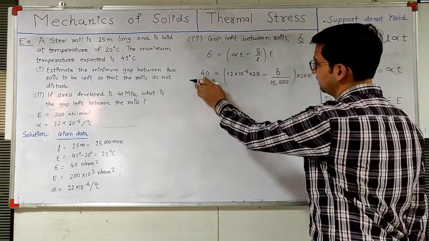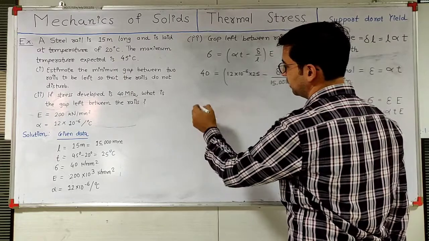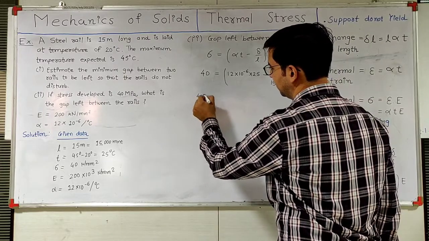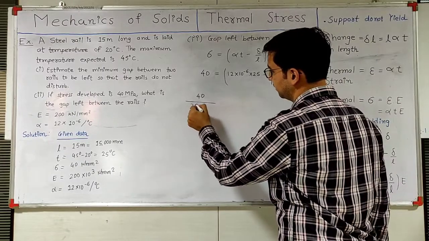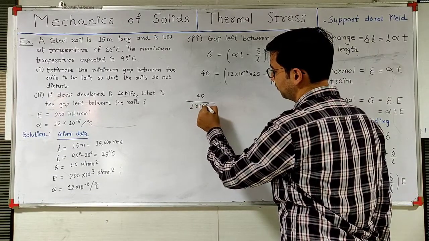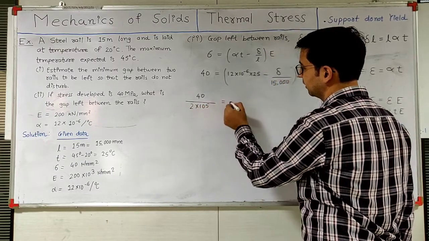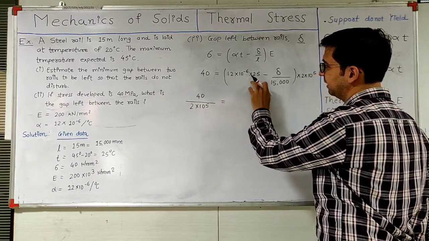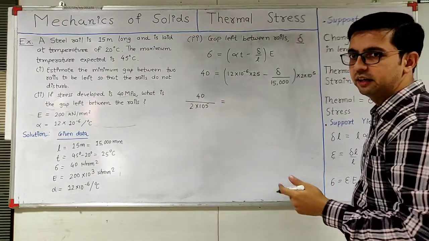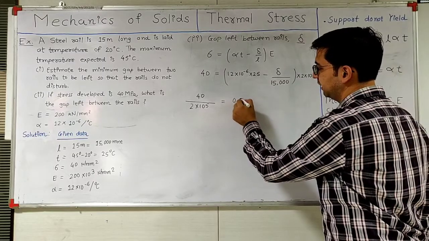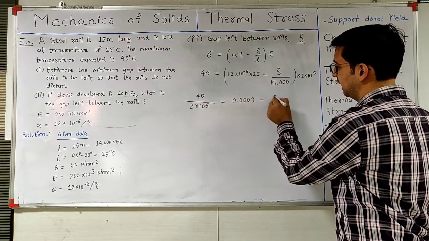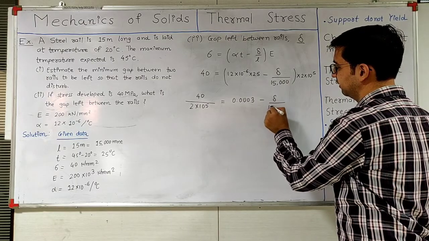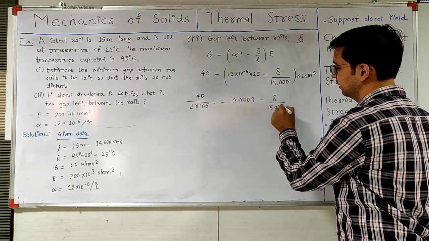So divide this 40 Newton per mm square by this value of E, so you can say 2 into 10 raised to 5. By simplifying this, we will get 0.0003 delta over 15,000.